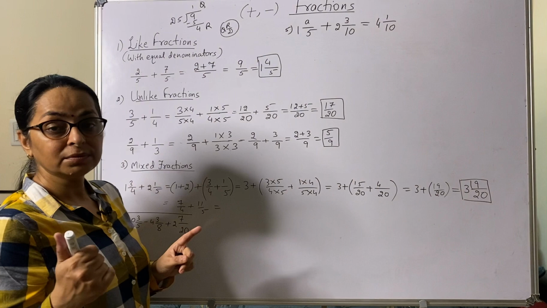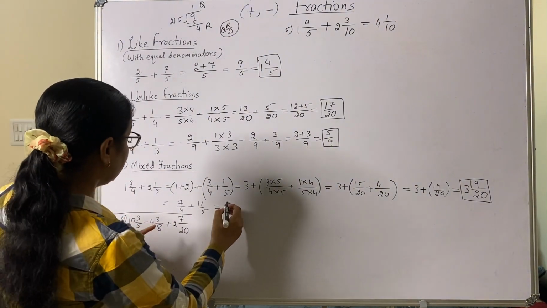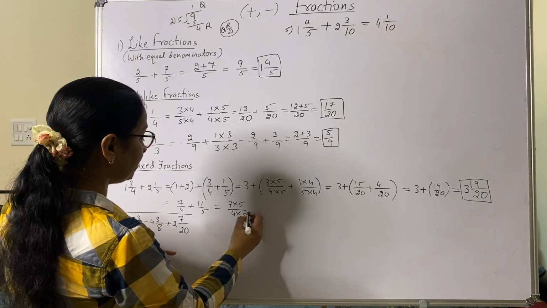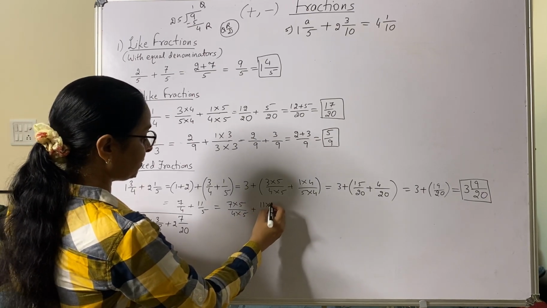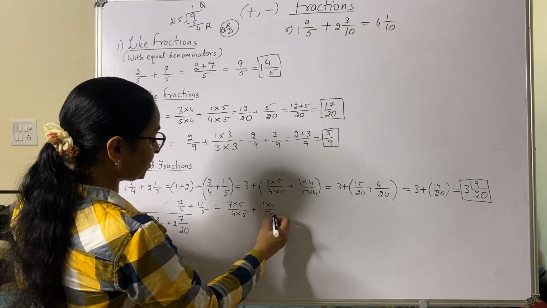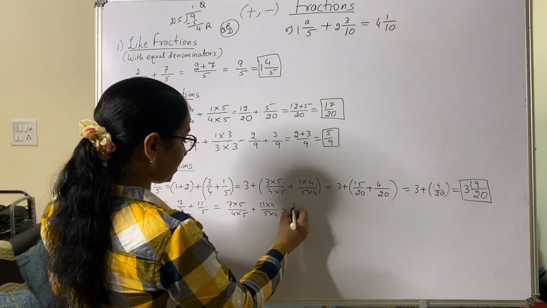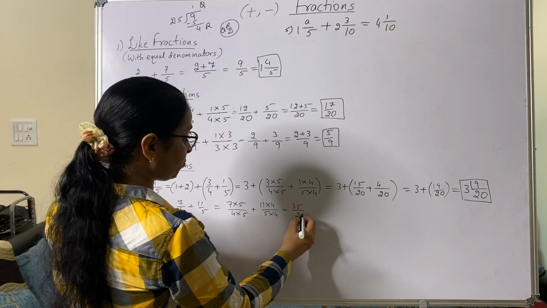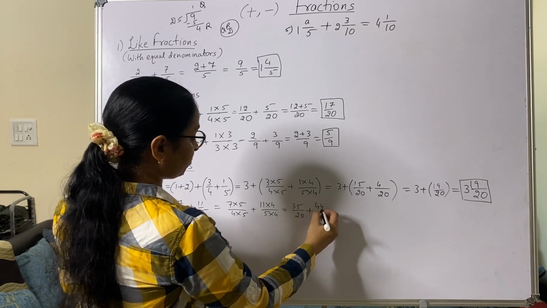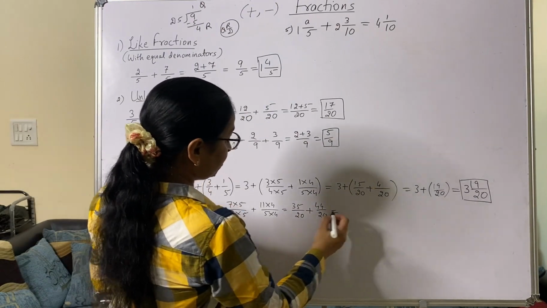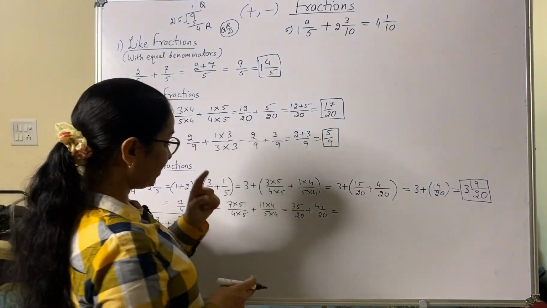What do we need to do? Make the denominators equal. So 7 times 5 over 4 times 5 plus 11 times 4 over 5 times 4. So what will it be? 7 5s are 35, 5 4s are 20, 11 4s are 44, 5 4s are 20. So now 35 plus 44 is what?